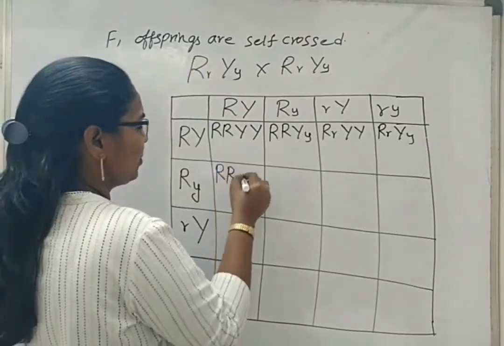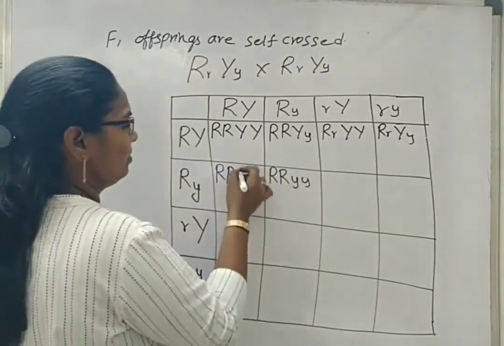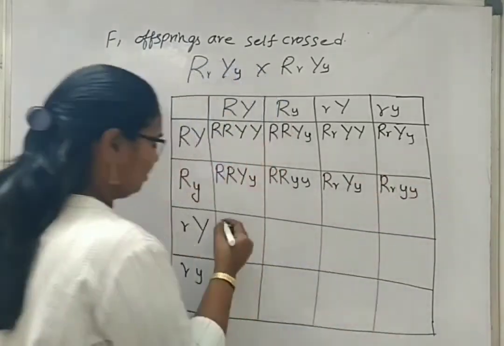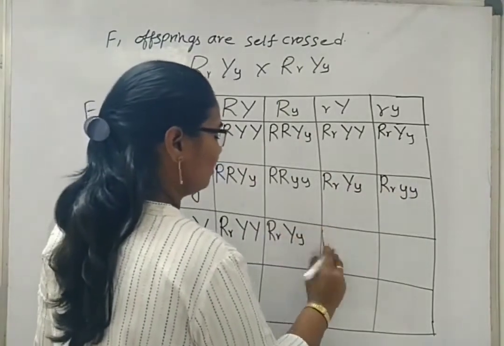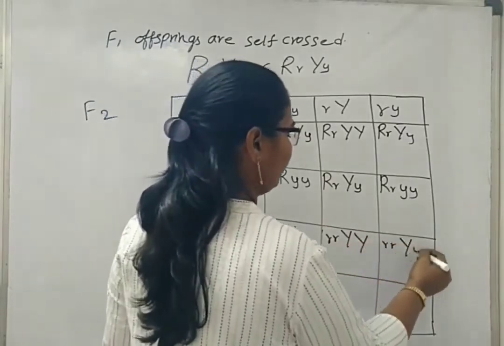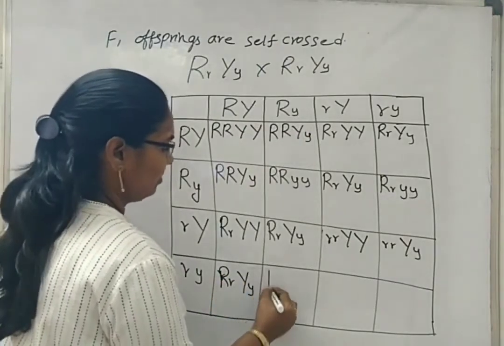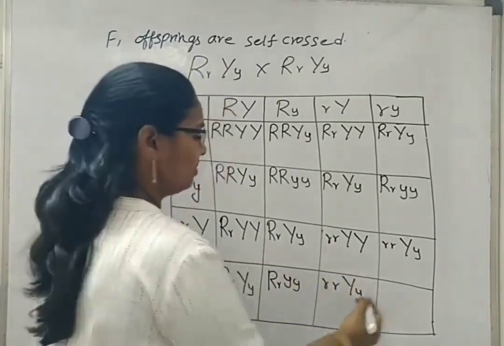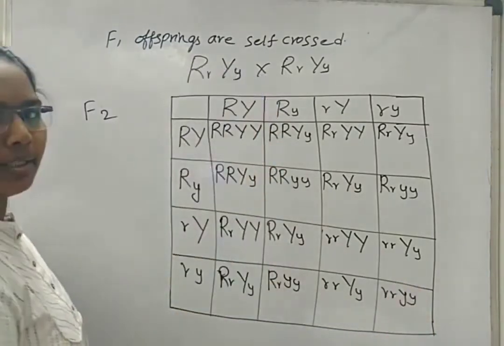We can write this one. This is the condition of the different types of genotypes that are obtained in the F2 generation.